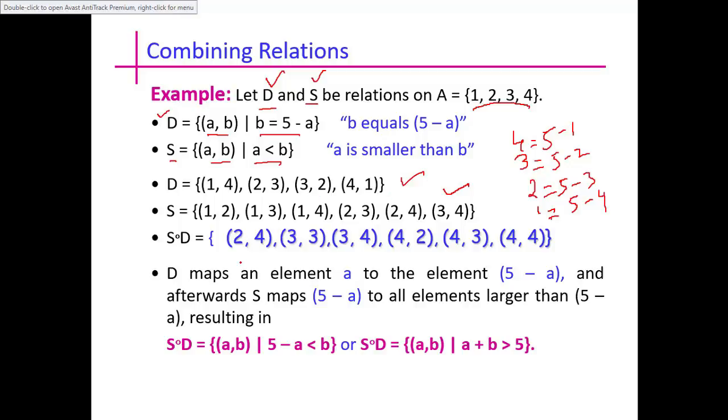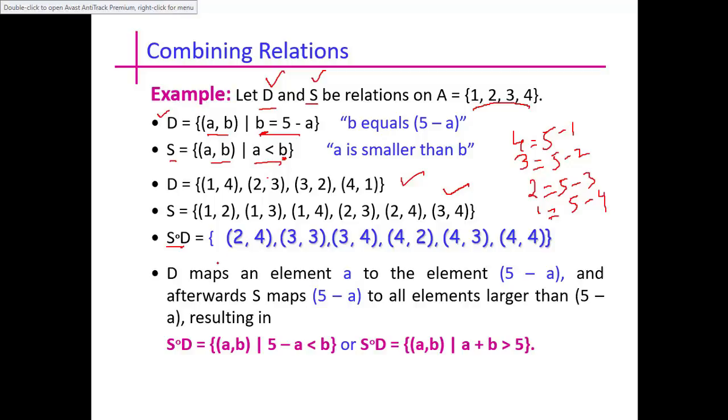and now we are taking the composite of these two relations. So here in this relation which is the composition of S and D, D is taking an element. So to understand this relation, we need to see what these properties are and what the role of b is, which is present in both these relations.